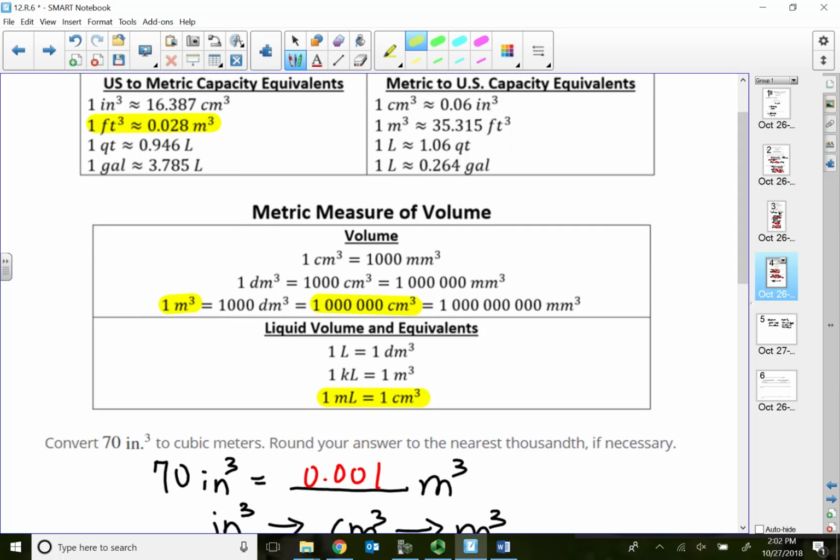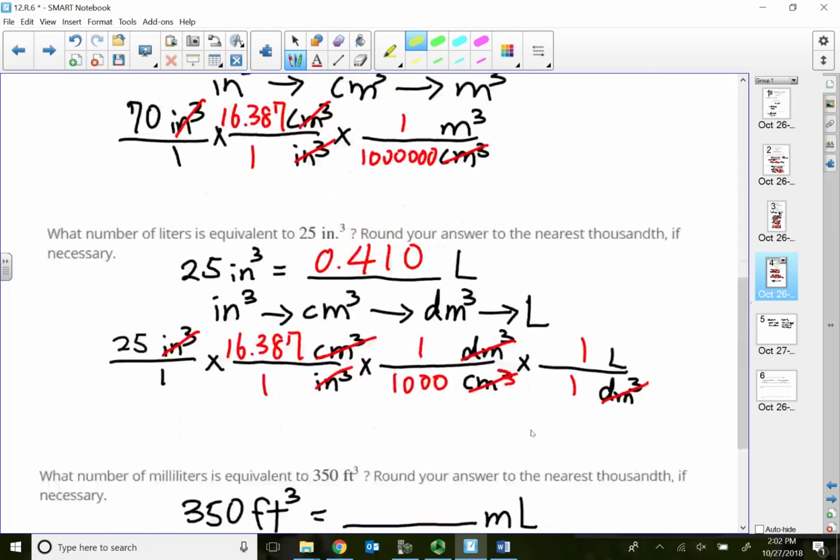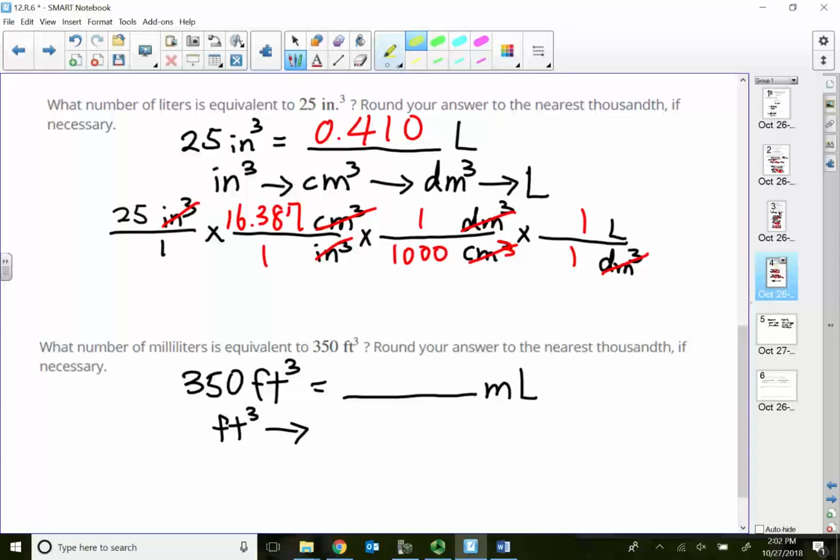So I've got to go through cubic meter, then cubic centi, and then I can do a 1-to-1 ratio to milli.